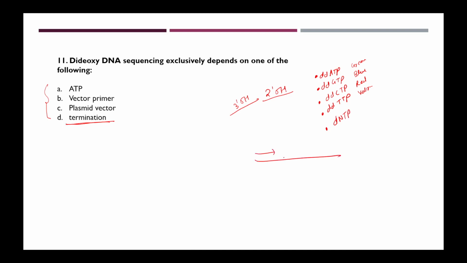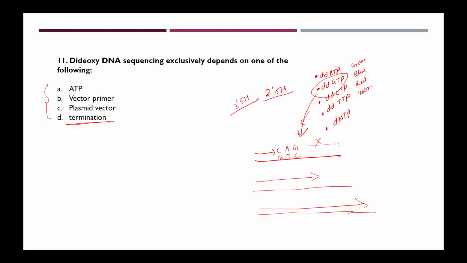Suppose your primer is bound and you give all the mixture. If a dideoxy G is incorporated here, then the elongation will not take place and your chain will be terminated at this particular point. The same kind of reaction will happen elsewhere, and you'll get different fragments: some will amplify till here, another for some longer stretch.